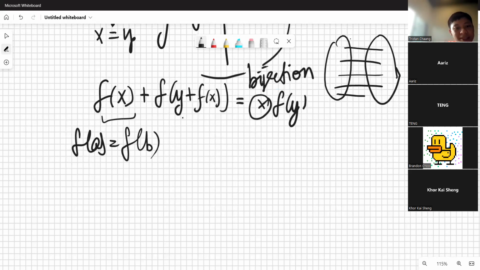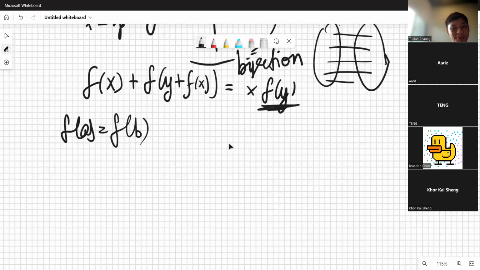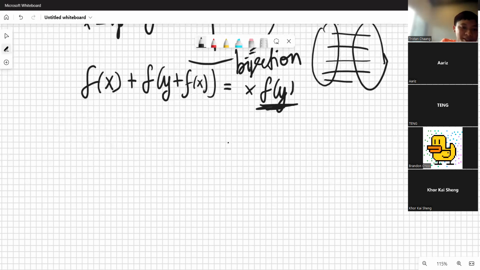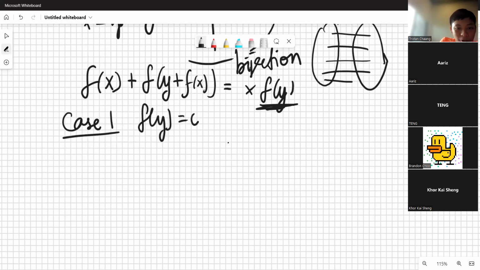So first of all, let's just get rid of this term, because if this is 0, it's very troublesome, right? So we have two cases. Case 1, f(y) is 0 for all y. In that case, that would be the solution, so f(x) is 0 for all x.